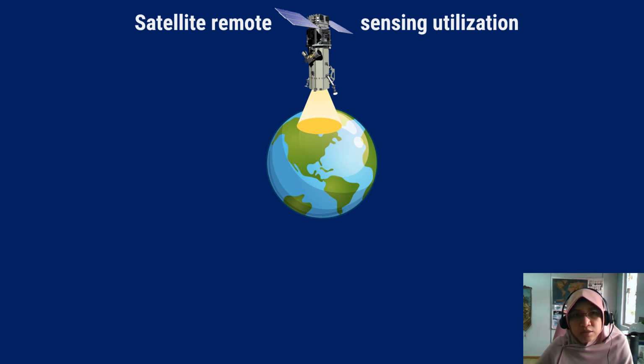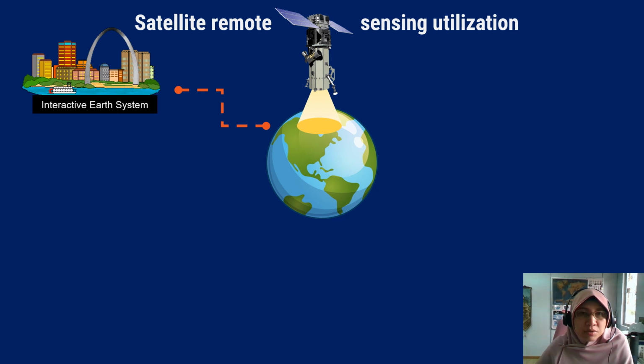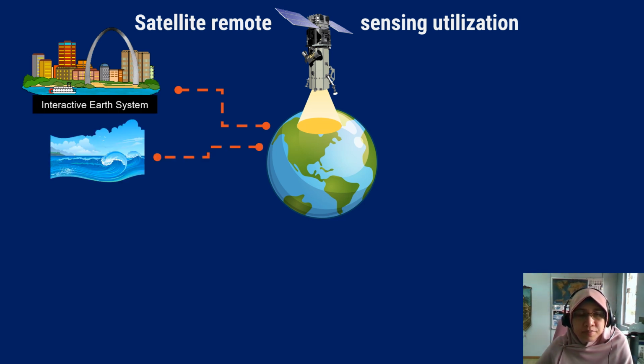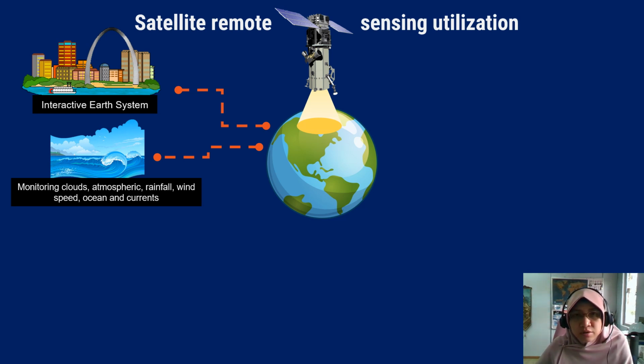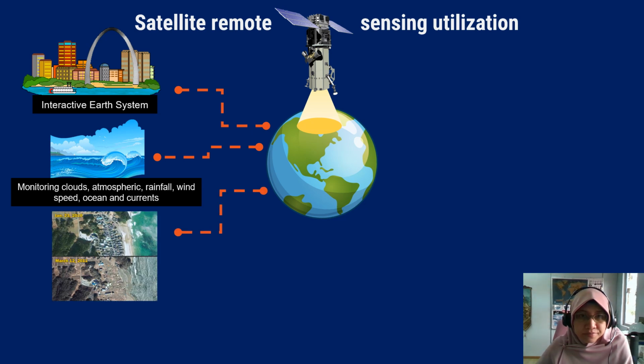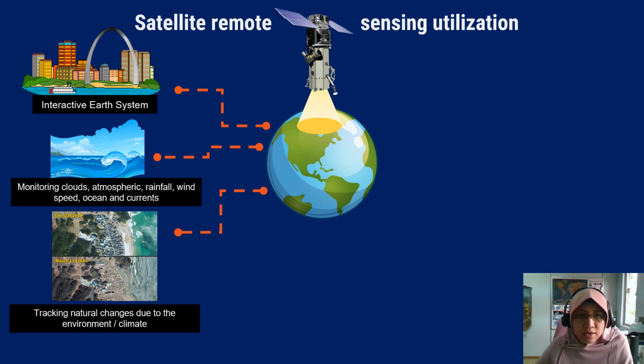In addition, remote sensing is utilized for simultaneously observing key elements of an interactive Earth system, monitoring clouds, atmospheric temperature, rainfall, wind speed and direction, as well as monitoring ocean surface temperature and current, tracking anthropogenic and natural change to the environment and climate.